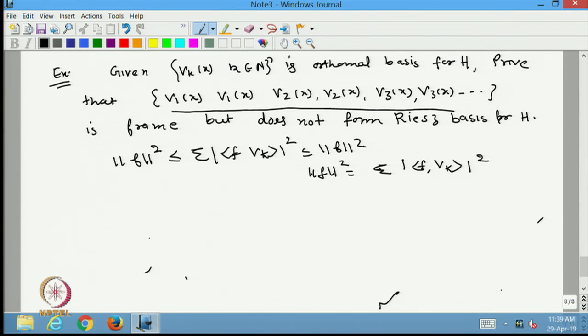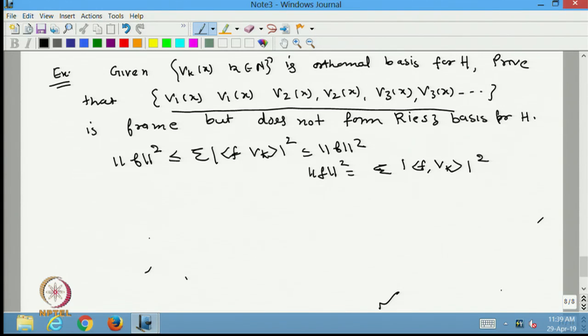Then in this case the frame bound will be 2, okay. But it is a linearly dependent set, not a linearly independent set, therefore, it does not form a Riesz basis for a Hilbert space H, clear.